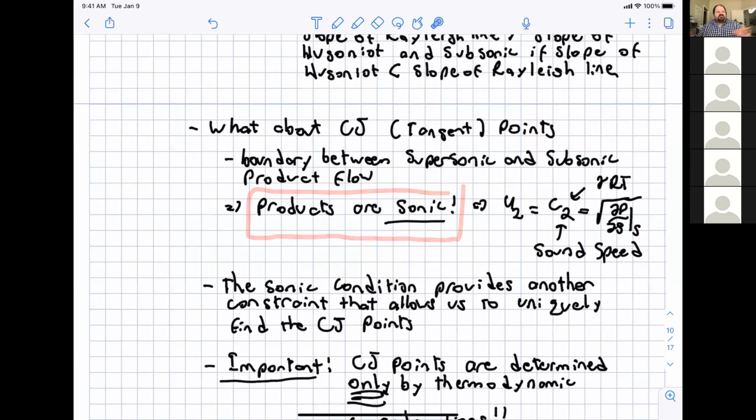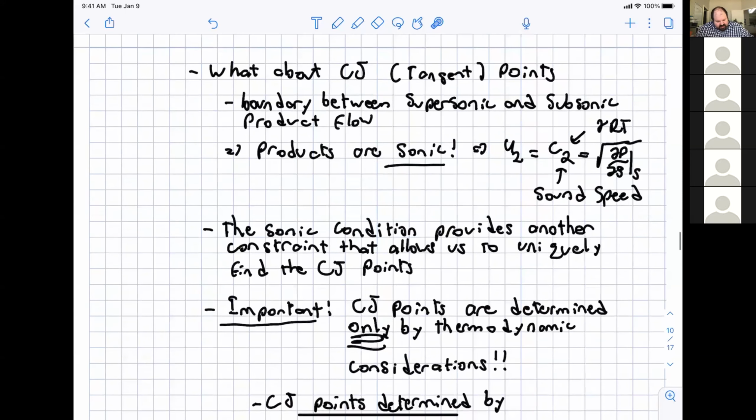Any information from behind the detonation wave cannot mess with the structure of the detonation. It has no way to enter it. And so because of the sonic condition of a Chapman-Jouguet detonation, it is really hard to stop a detonation after it gets started. We will discuss that point more as we move on.